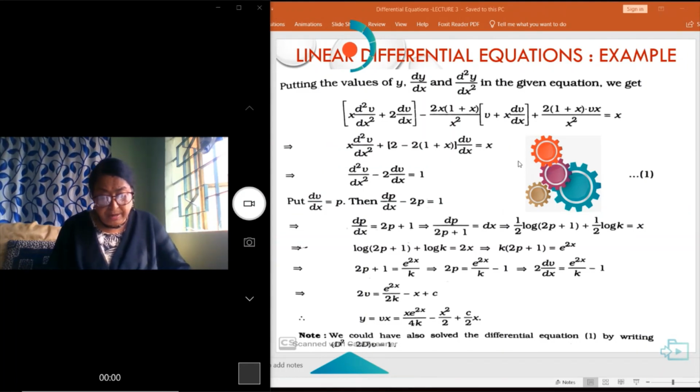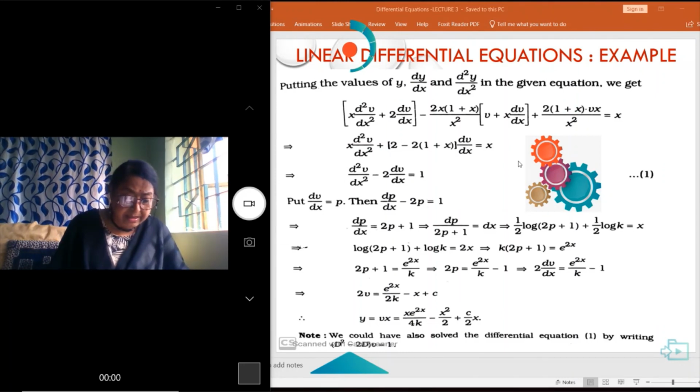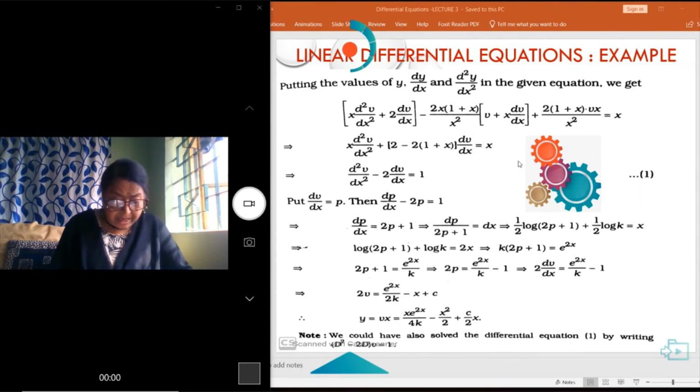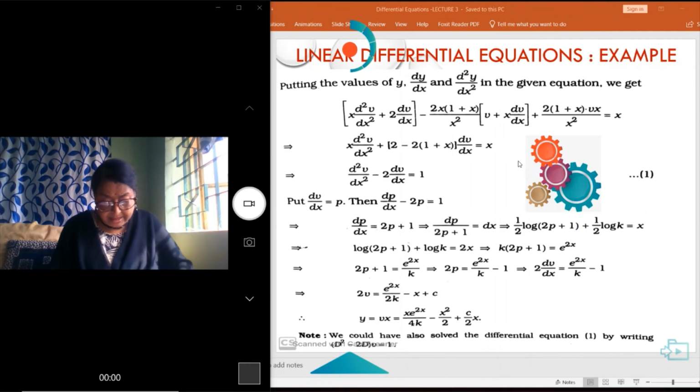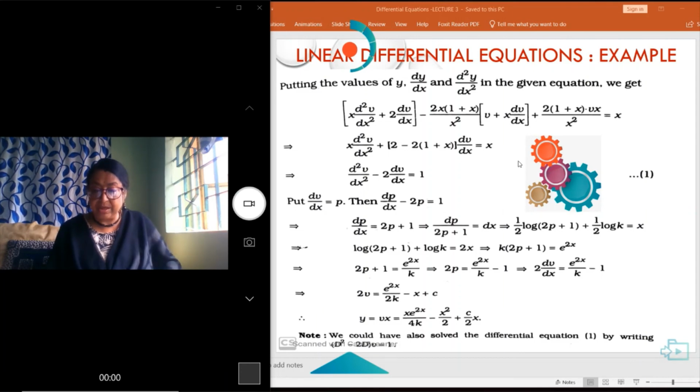Now put dv/dx = ρ, then dρ/dx - 2ρ = 1. Then after calculation we get y = vx, which is the solution or the answer of this equation.